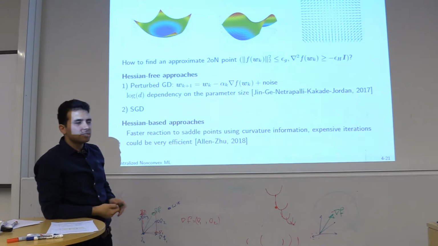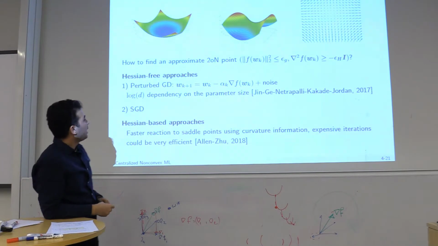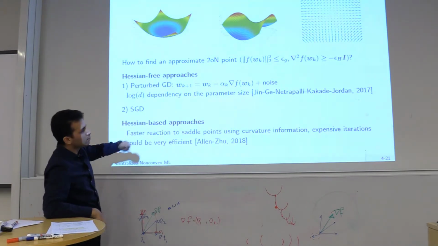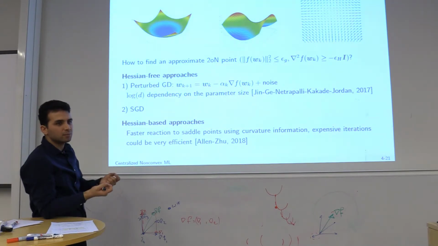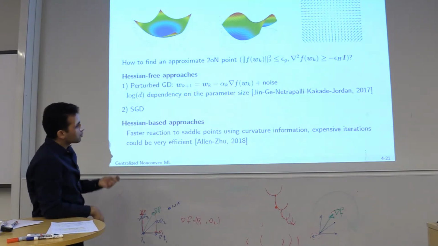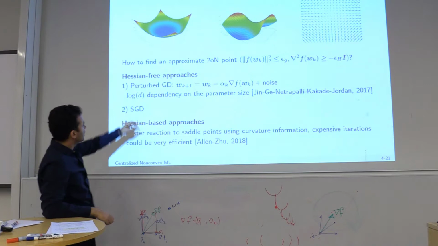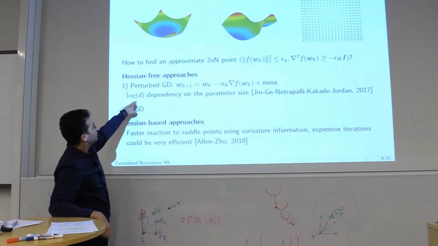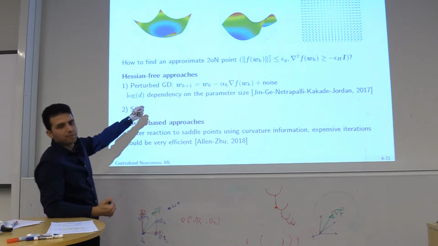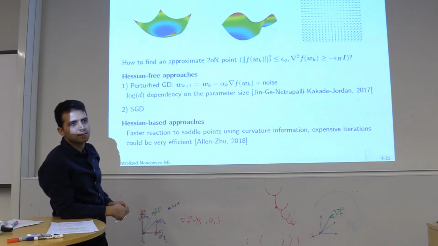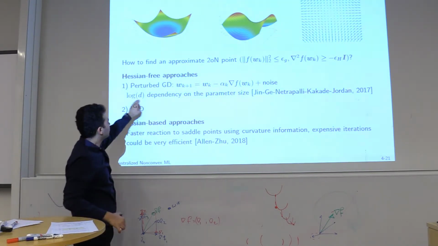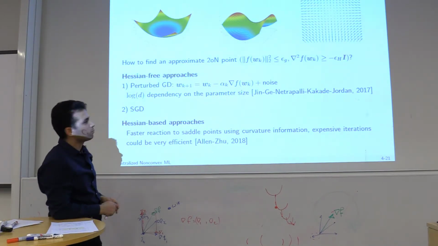And then you can show that you can escape saddle points extremely efficiently. Extremely efficiently means that if the problem doesn't have any saddle point, you have some convergence rate. If the problem happens to have saddle points, then you need an extra log d penalty, where d is the number of parameters, to be able to escape that saddle point. So this is a log dependency on d, so almost nothing, right?